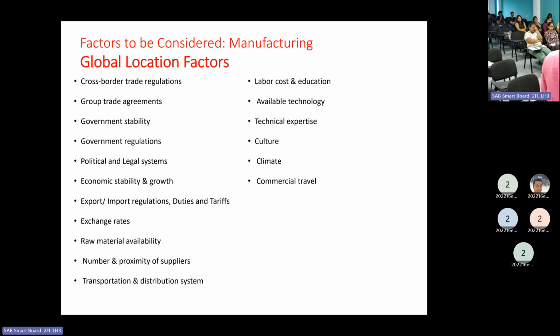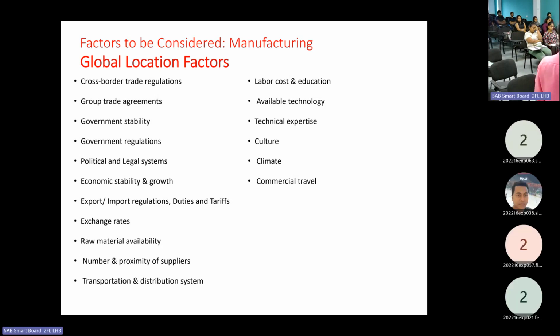So there are many points here, especially for multinational companies and all global businesses. They would consider cross-border trade regulations applicable between regions, group trade agreements, if any, to get the benefit of them. They try to look at many other factors. Just go through it.